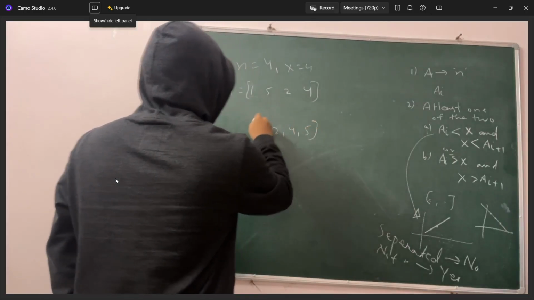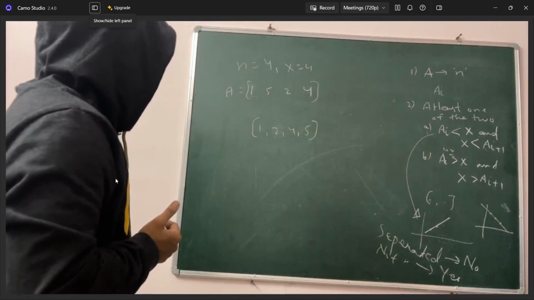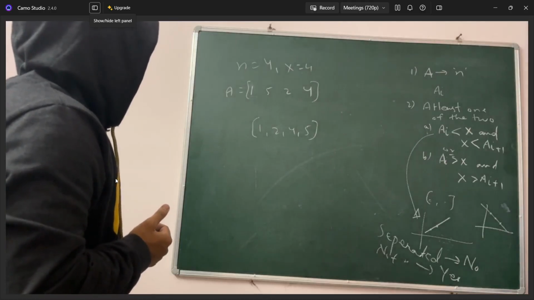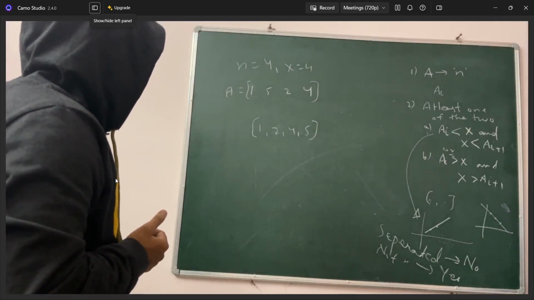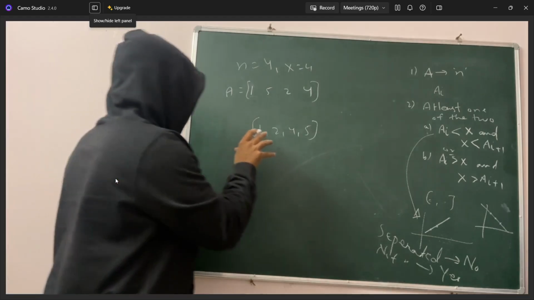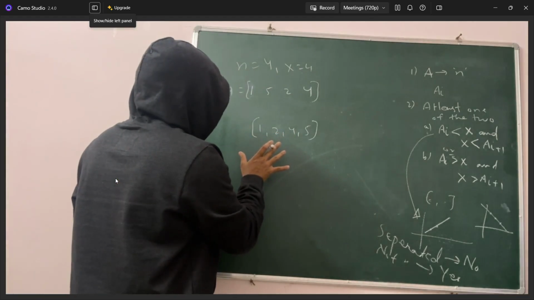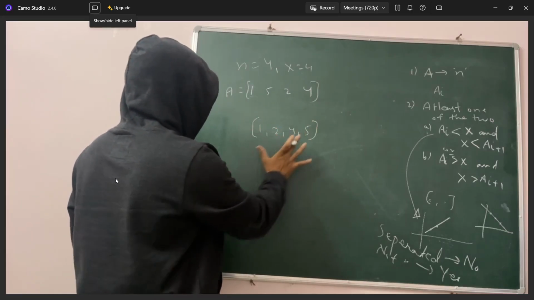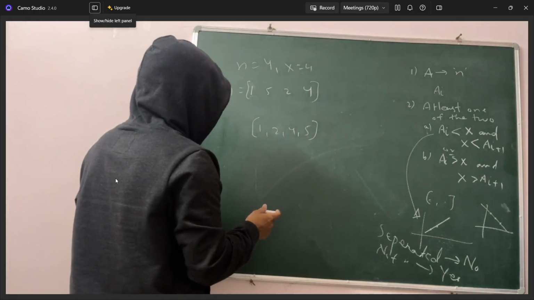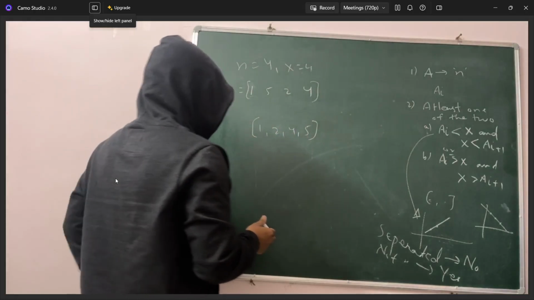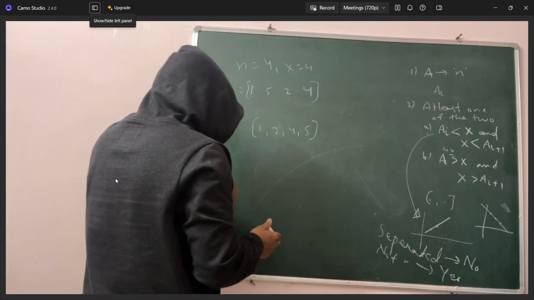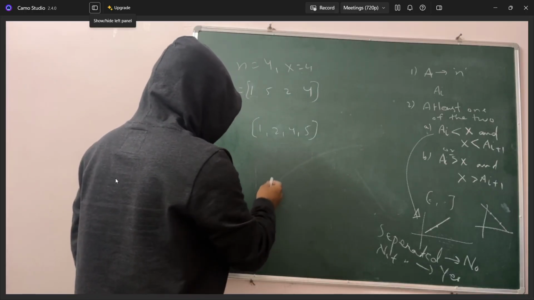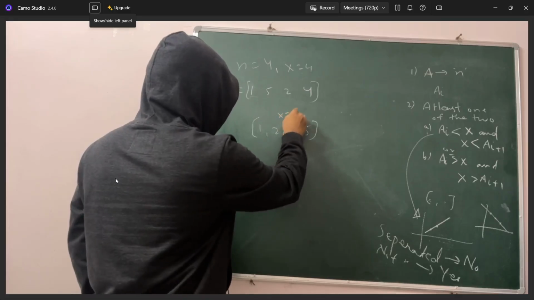Now, one thing you'll have to understand. Okay, see, what I'm trying to say is, no matter what arrangements or permutations you make, there'll be at least, like let's say your x is 3 in this case.